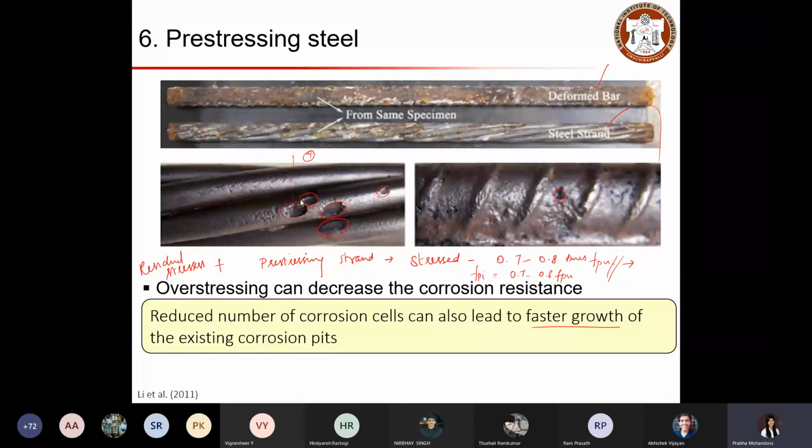So in that case, you will not be meeting the actual purpose of using the pre-stressing strand. The purpose of using pre-stressing strand is to increase the strength, but when it starts corroding, the strength will be significantly decreased due to the breakage of the outer wires.